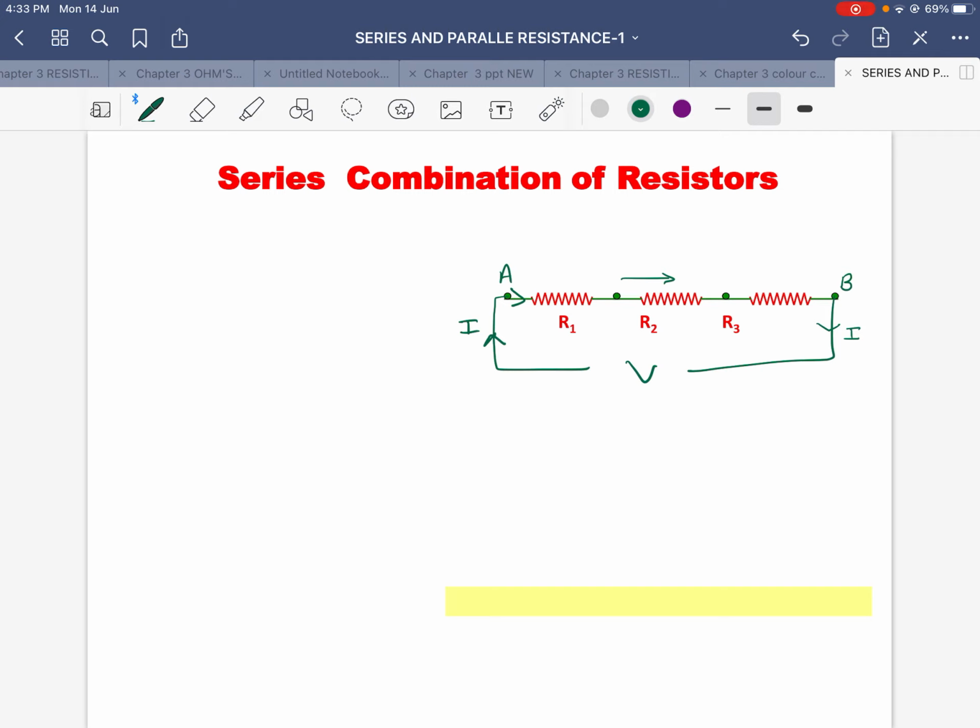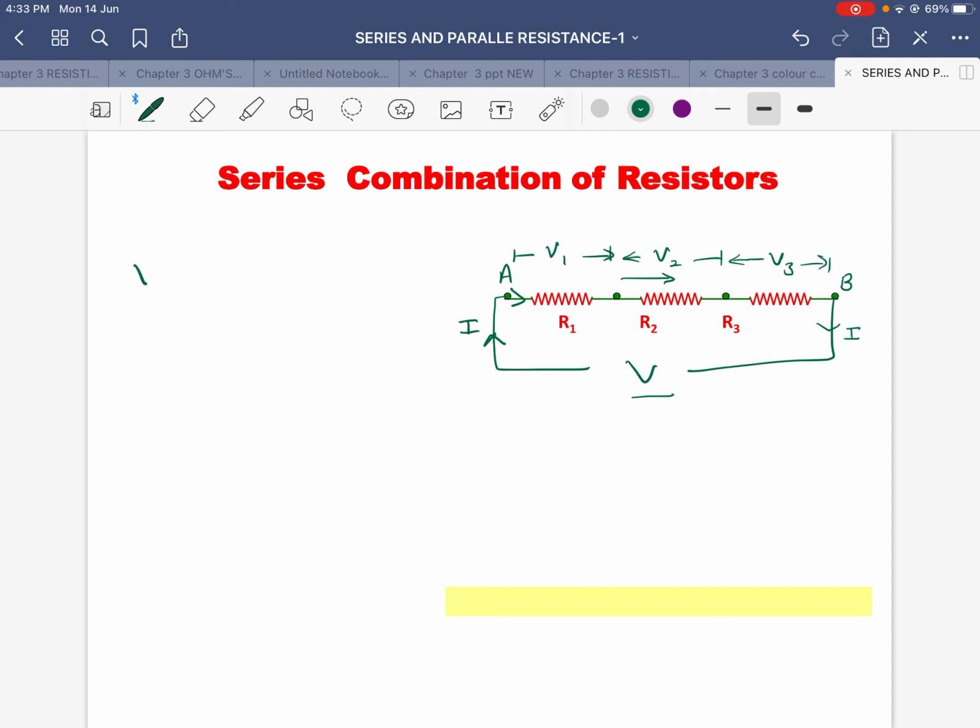Now the potential difference applied across the ends A and B, that is V volt, is divided into three parts: across the first resistor suppose the potential is V1, across the second V2, and across the third resistor V3.